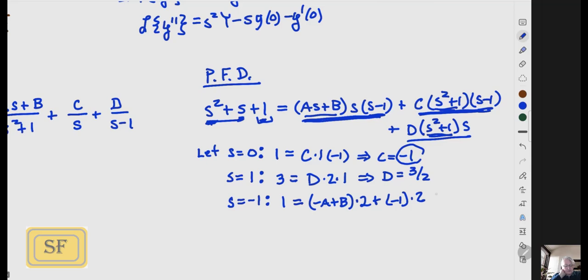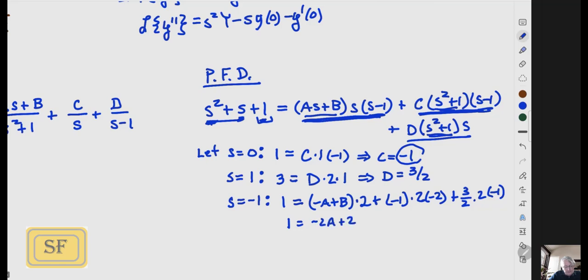So this won't tell me what A and B are, but it'll give me a relationship between the two. I'm going to simplify here to get negative 2A plus 2B. Then all of this term, 2 times 2 is 4. Then this last term, I can cancel those 2's, and I get 3 times negative 1 is negative 3.